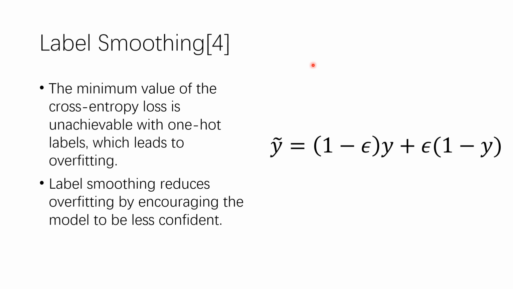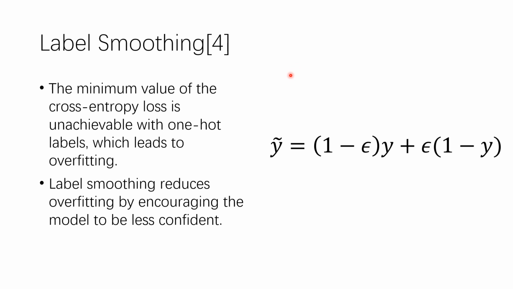The last technique of today is called label smoothing. This idea is inspired by the observation that the minimum of cross-entropy loss is unachievable for finite logits, which would encourage deep learning models to overfit to data and become too confident. So this is what label smoothing does.